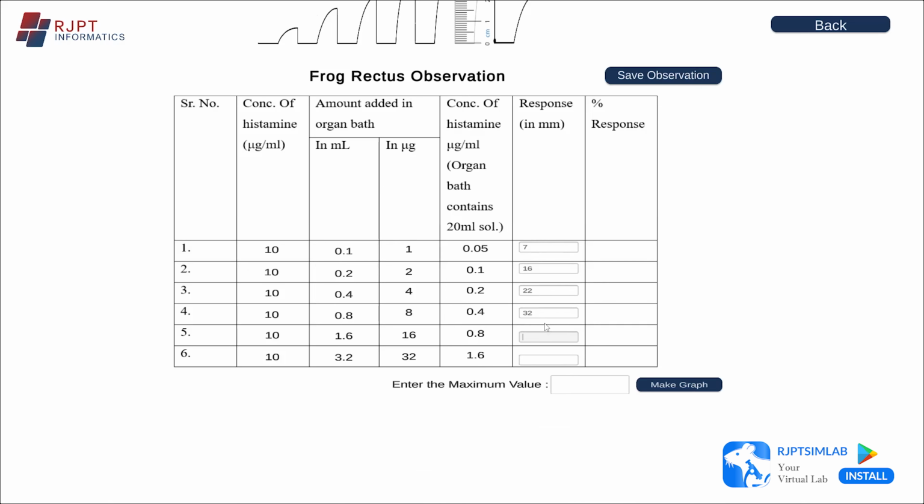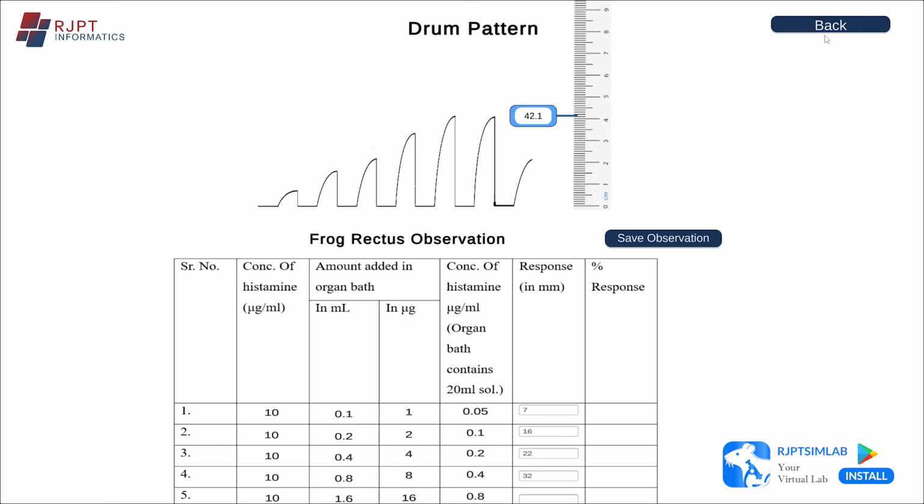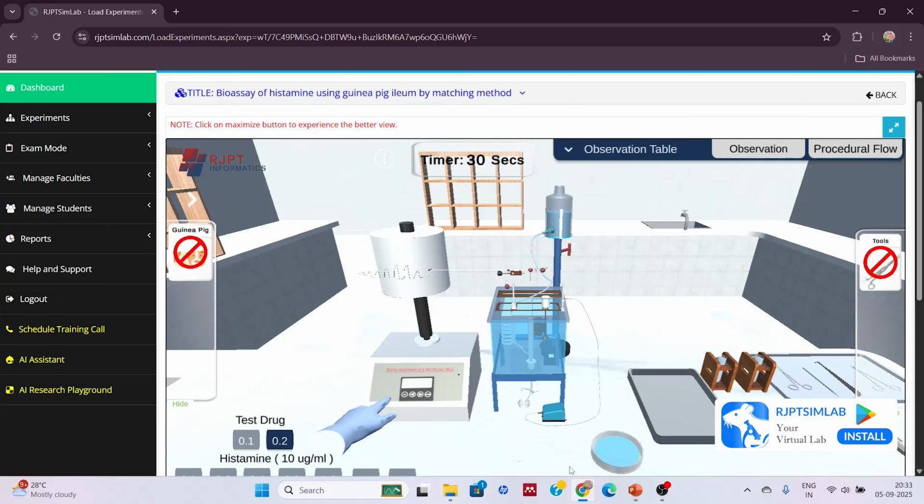Like that, we can place all the responses manually in this table, and then after that, we have to enter the maximum value over here to prepare a graph. As we can see, we have the make graph button, and then we can save this observation for our further requirement of this experiment. Now, after that, let's see the graph of this experiment.